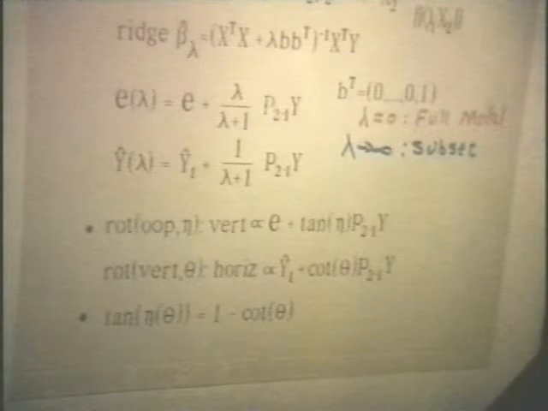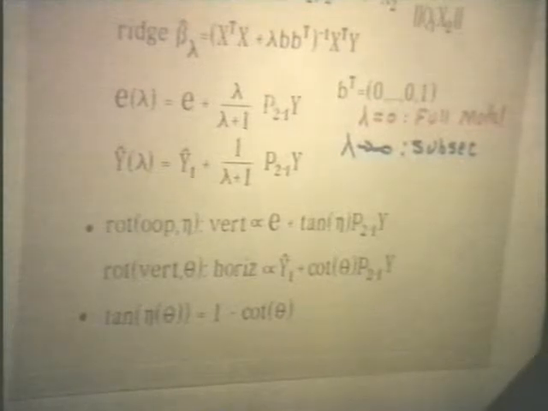Looking at the bottom 3 lines, if we rotate around the out-of-page axis through an angle of theta, what we're left with on the vertical axis is proportional to what is indicated there. If we rotate around the vertical axis through an angle of theta, what's left on the horizontal axis is proportional to what's indicated there. We compare the trigonometric functions, the tangent and the cotangent, to the expressions for the residuals and fitted values from the ridge regression.